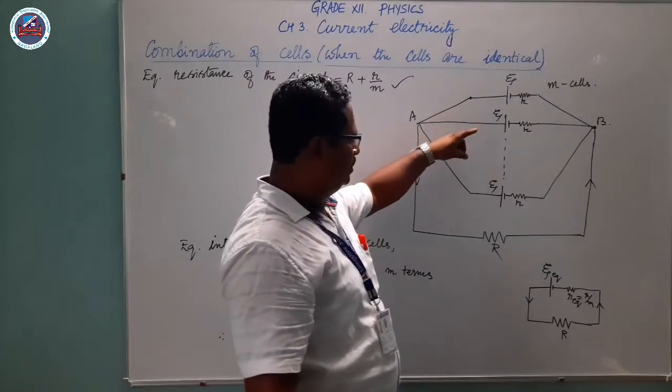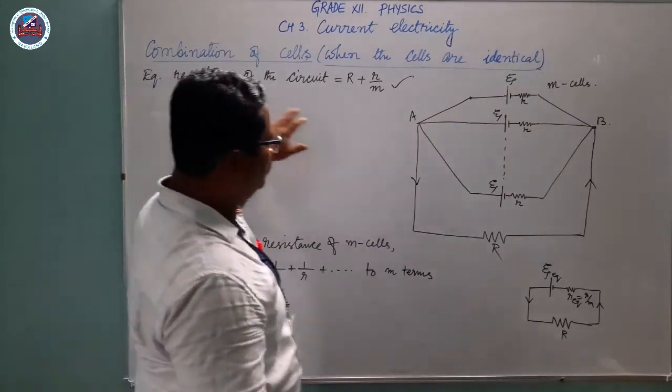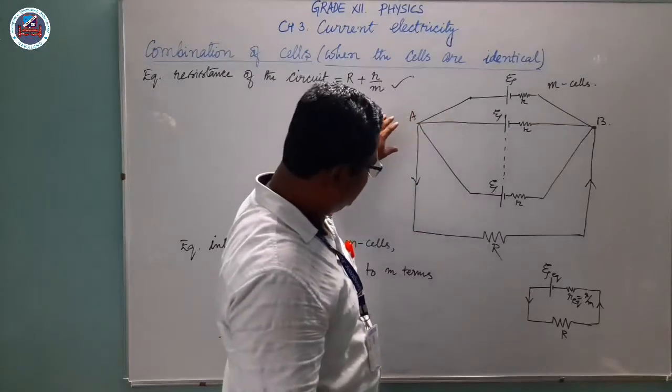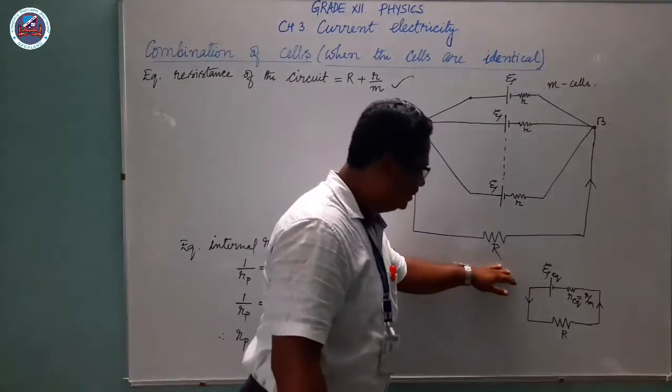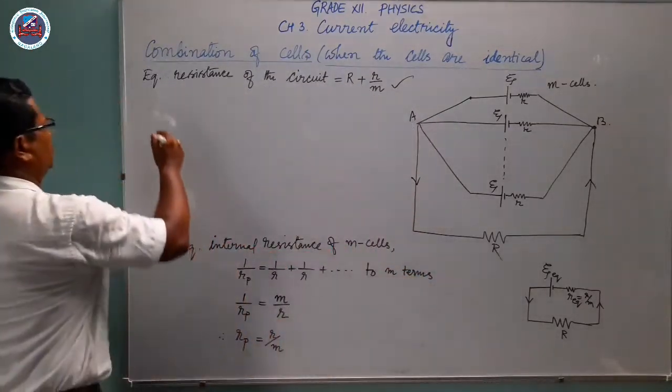After knowing this equivalent resistance for the whole circuit and the equivalent EMF of all the cells, that was epsilon, you can find out the current drawn from the cells, or we can say the current drawn by the external resistance. You can write it like this.